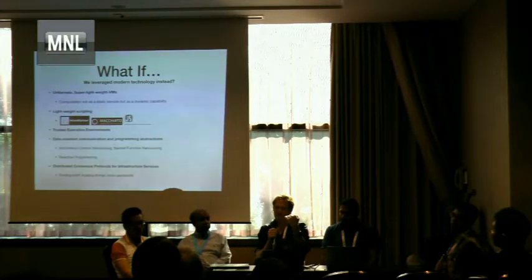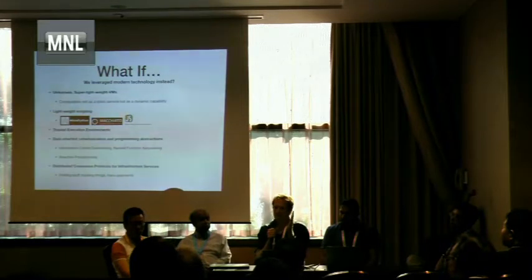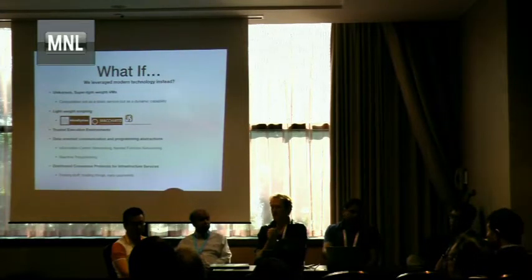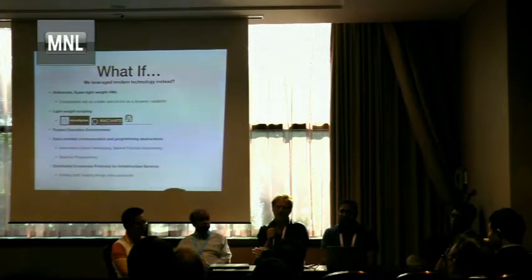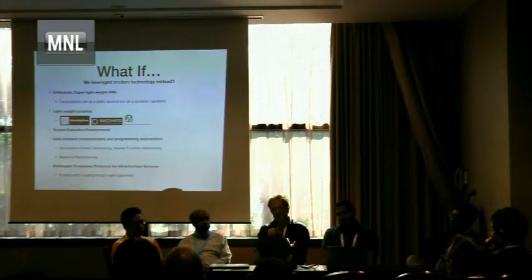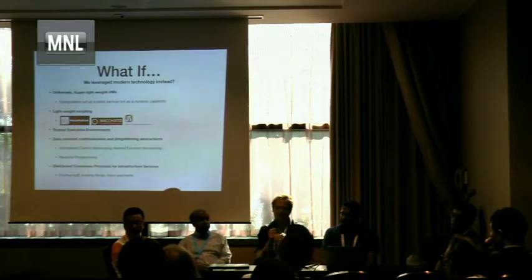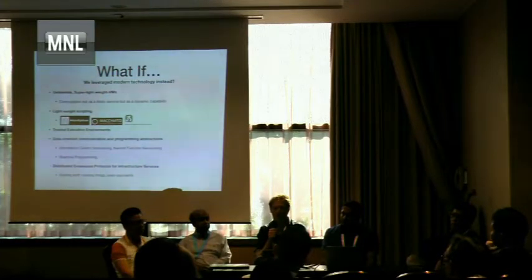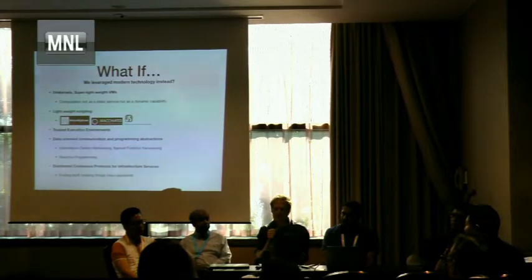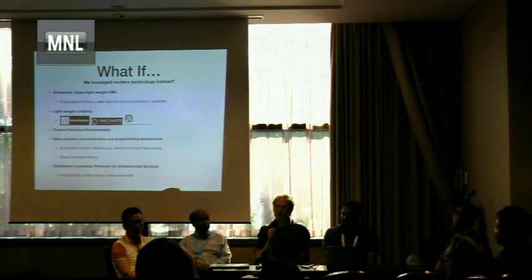I'm currently working on an approach where we try to leverage modern technology instead of just continuing to use technologies that we are used to from CDN or legacy edge computing systems. So we have powerful compute technology, we have trusted execution environments, we have new networking abstractions, like ICN or named function networking, new programming models like reactive programming, and we have new ways to decentralize trust and security in general.